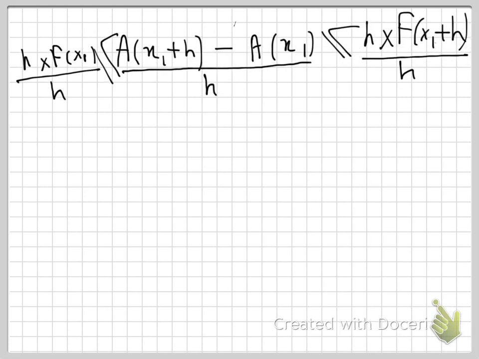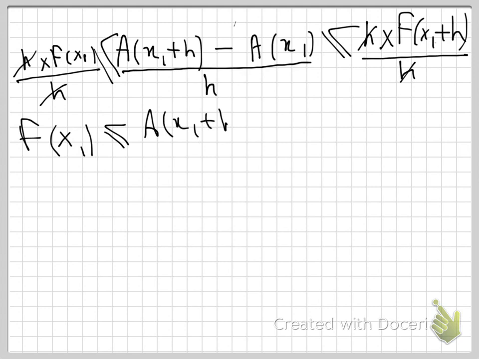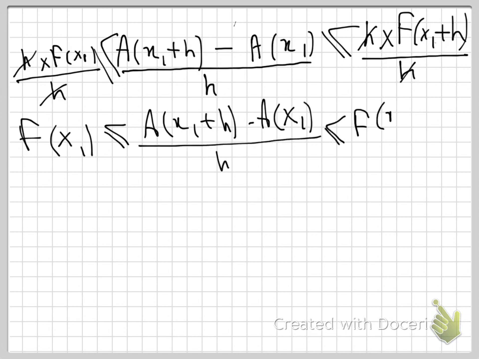So if we simplify by h, we will get f of x1 less than or equal to A of x1 plus h minus A of x1 over h, less than or equal to f of x1 plus h. So that's the new inequality.